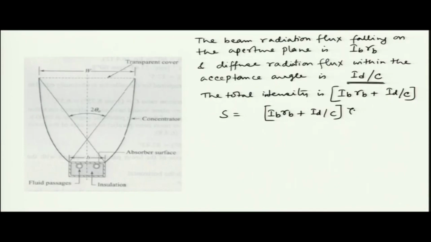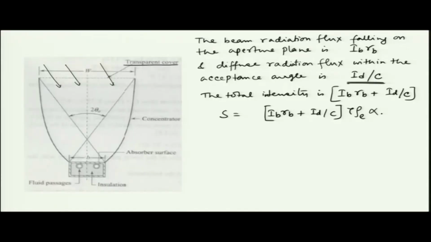So, we are assuming that we have a transparent cover at the aperture. Okay. So, that transmissivity will come into picture and then you will have this effective reflectivity, whatever intensity is coming in the aperture will be reflected and the effective reflectivity rho effective will be multiplied for the absorbed radiation part, and then the other factor is alpha. Alpha is the absorptivity of the receiver.